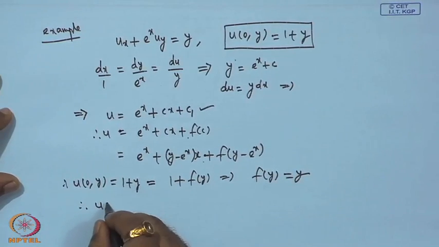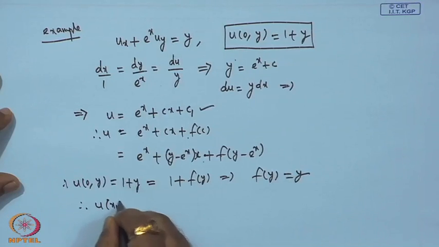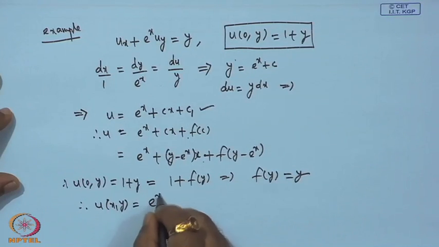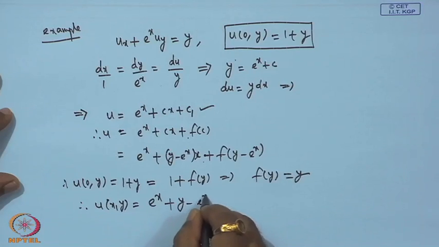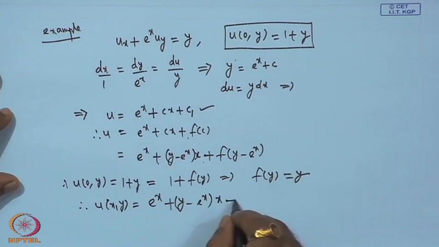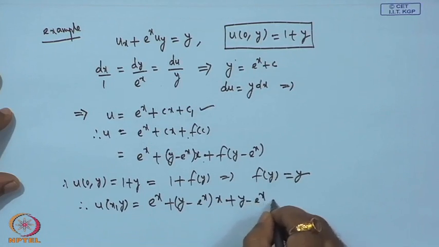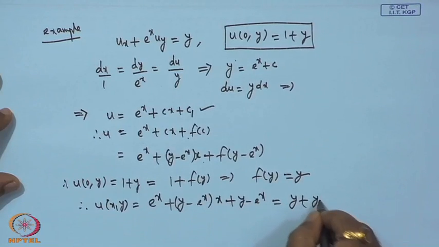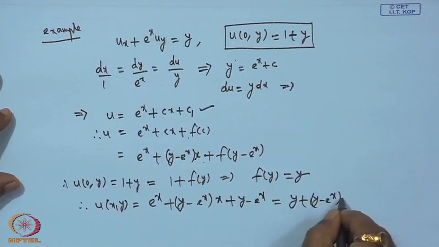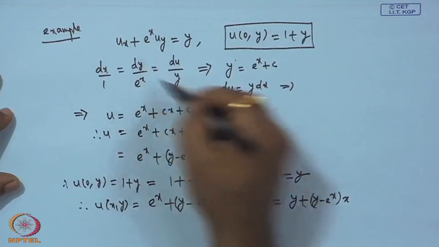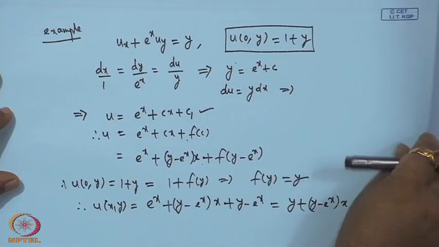So, therefore, u of x y is obtained as this. So, this is satisfying some initial data. So, this is a typical Cauchy type problem. All right, so far it is with respect to first order PDE.